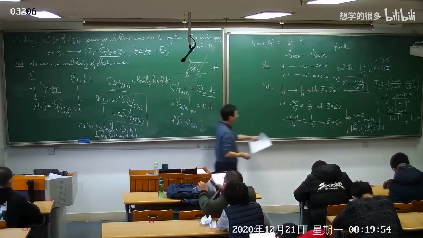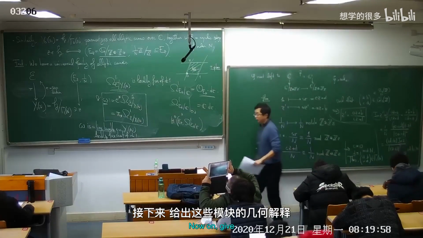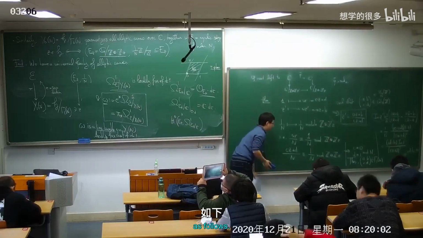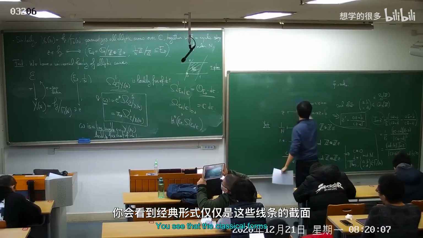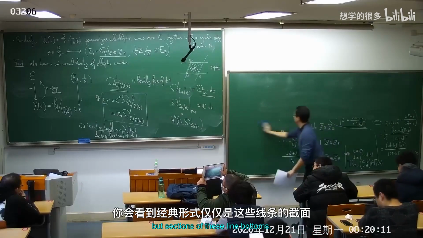Now, there is a geometric interpretation of these modular forms as follows. You see that the classical forms are nothing but sections of these line bundles.